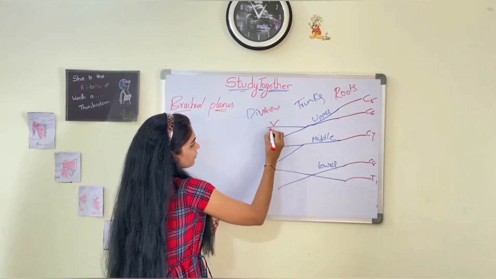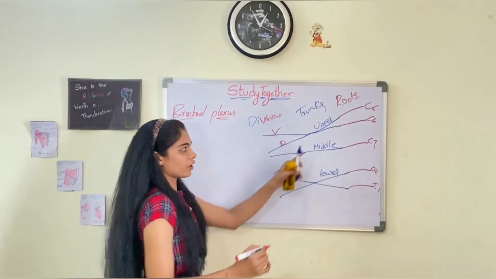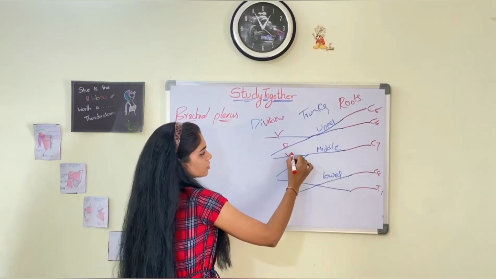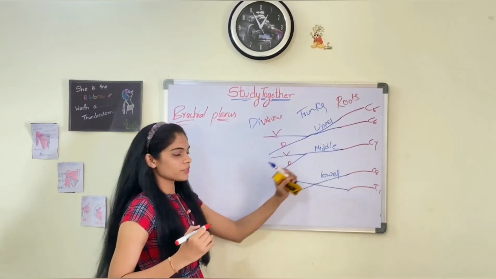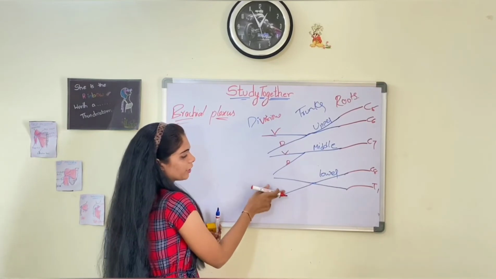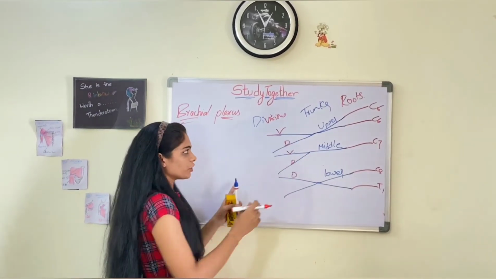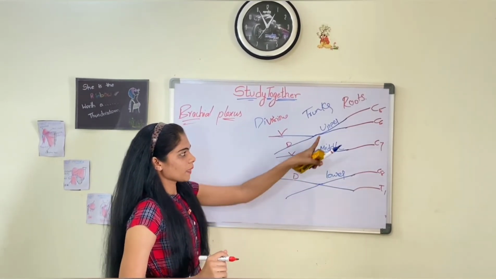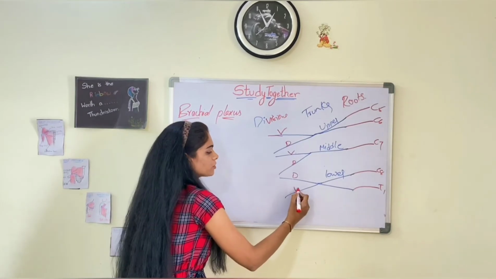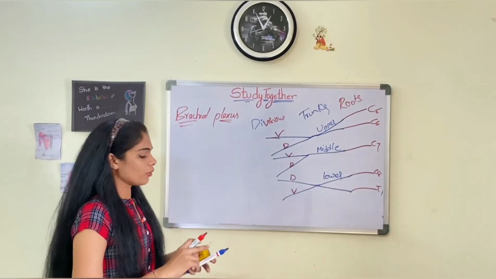This is your ventral division of upper trunk, dorsal division of upper trunk, ventral division of middle trunk, dorsal division of middle trunk. But try to write first dorsal when coming to the lower trunk, so it will be easy for you to form the cords. Okay, so dorsal division of lower trunk, ventral division of lower trunk. Now these divisions combine and form your cords.